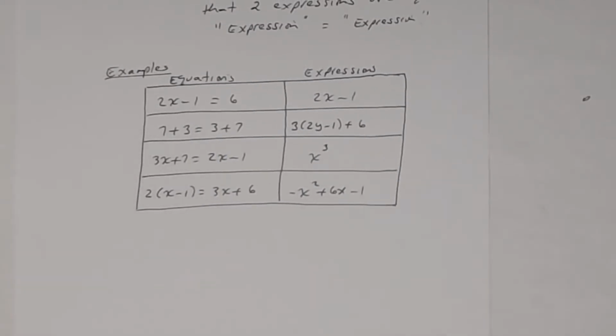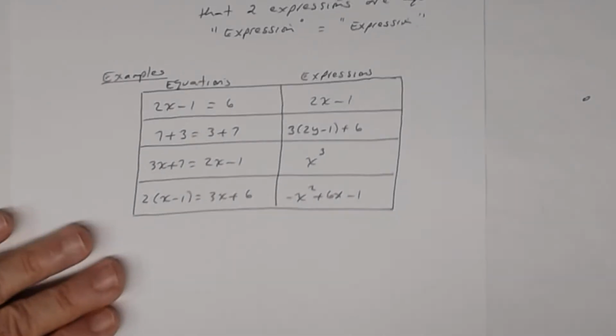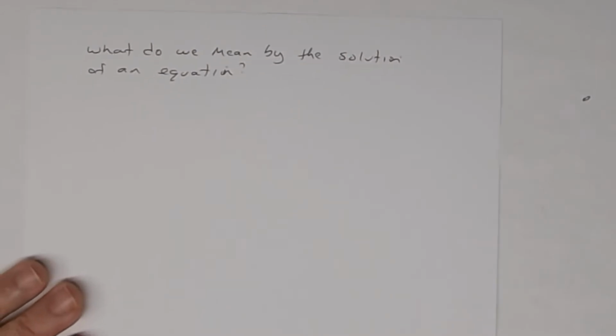Now, another thing you have to learn about is this. What do we mean when we say finding the solution of an equation? By the solution of an equation. What does that mean? A solution to an equation. All right.